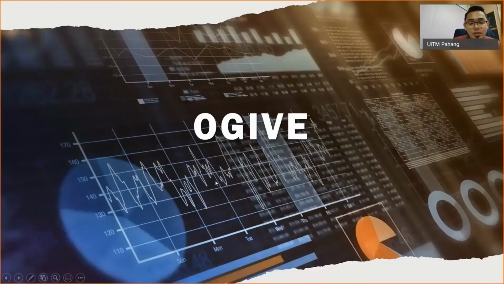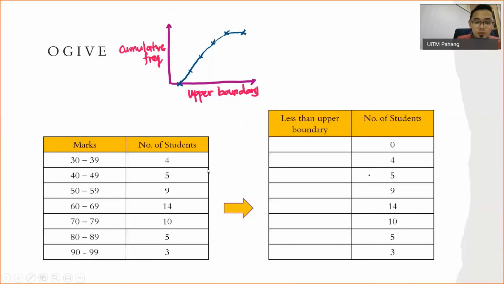What is important in the ogive? We know that in the frequency polygon and also the histogram, it is the frequency versus the class boundary. But in the ogive, what's important is actually the cumulative frequency. Please take note that we want to find the cumulative frequency, and also the upper boundary is important. Suppose we have this.